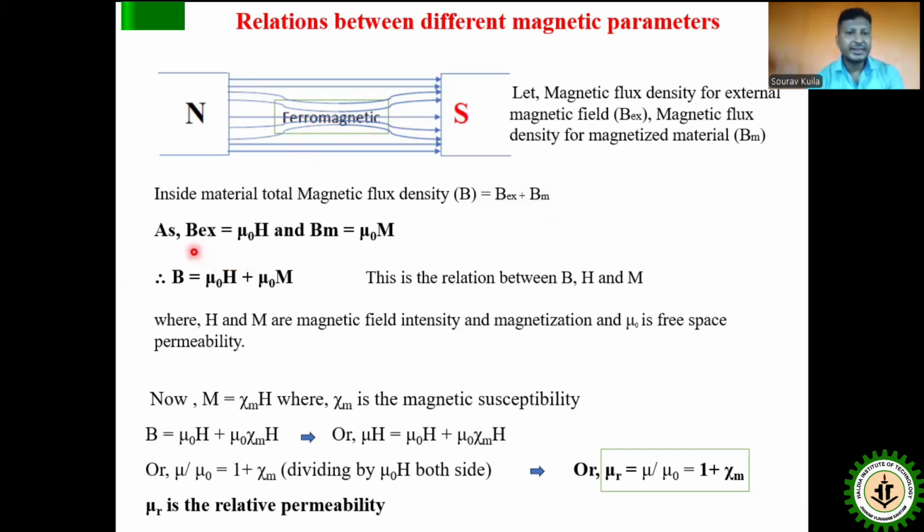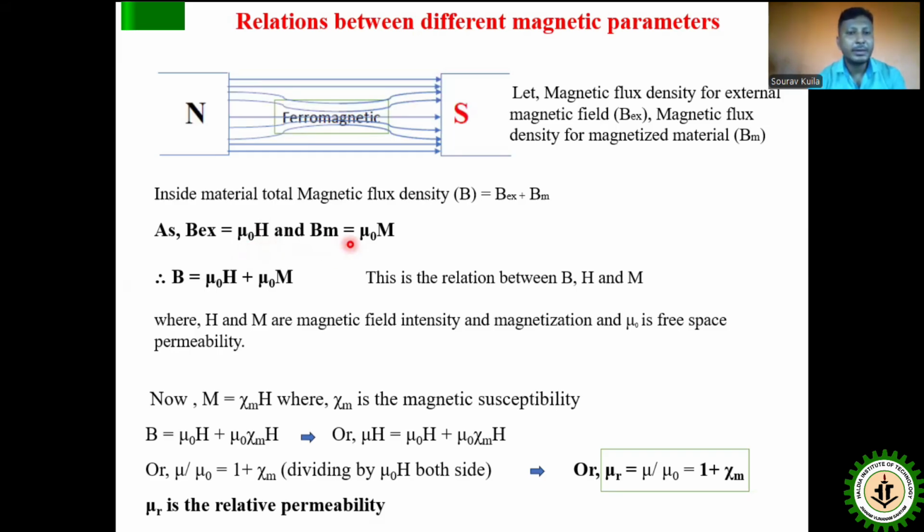The magnetic flux density can be represented as mu zero times the external magnetic field intensity H. Mu zero is the free space permeability. Free space permeability means how many magnetic field lines per unit area are passing through free space, where there is no material.